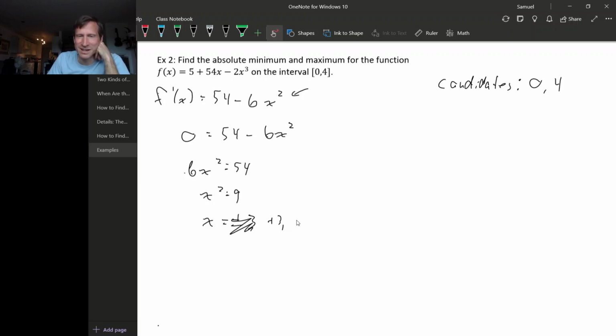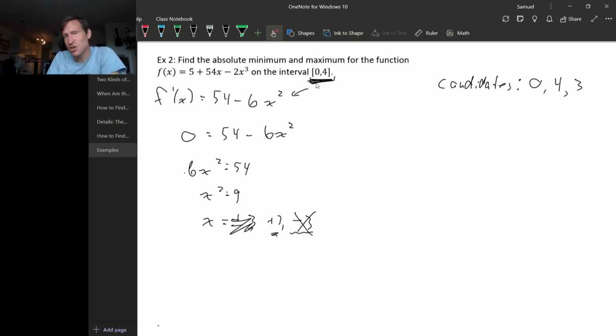Plus 3 and minus 3. All right, so these go on our list of candidates. So plus 3. And, well, minus 3 isn't in this interval. Right? Plus 3 was, but minus 3 isn't in this interval, so we have to throw that possibility out. It just isn't in the interval that we're interested in.